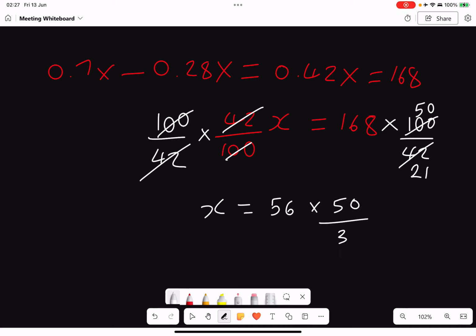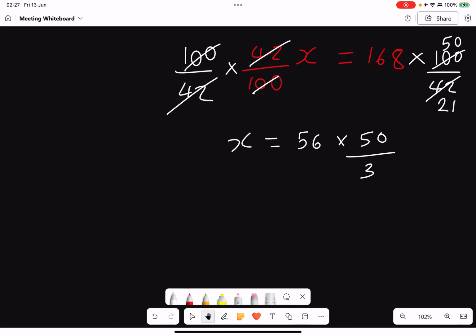It goes 7 times, and then 3 can still go into 56? Sorry, ladies and gents, 3 has to go into 21, 7 times.